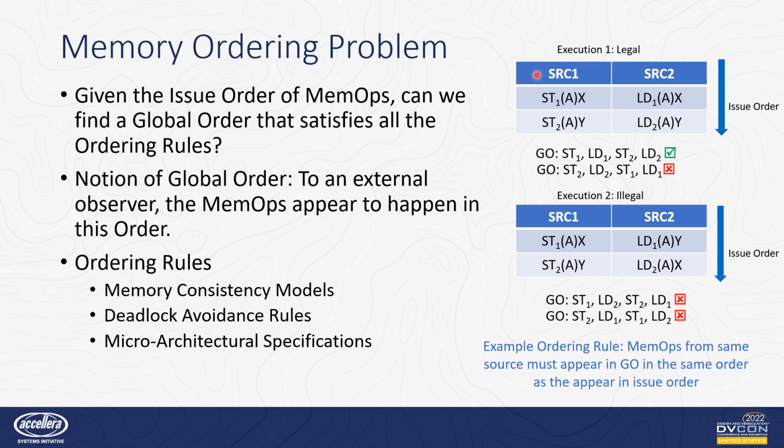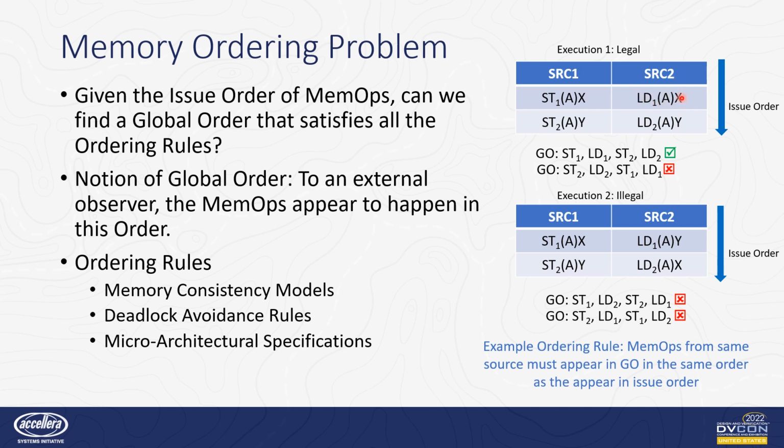Let's suppose that we have two sources, source 1 and source 2. These sources could be threads in a multi-threaded program, or they could be BFMs driving memory operations on interfaces. So let's suppose source 1 drives two stores, store 1 and store 2, with data X and Y to the address A, and source 2 issues two loads, load 1 and load 2, and receives data X and Y again to the same address.